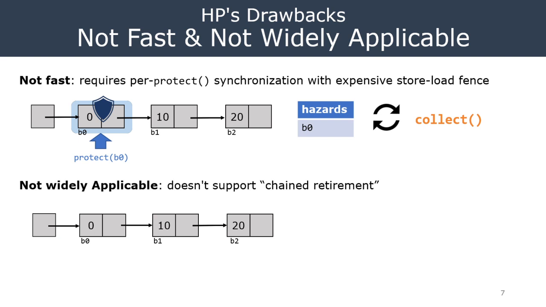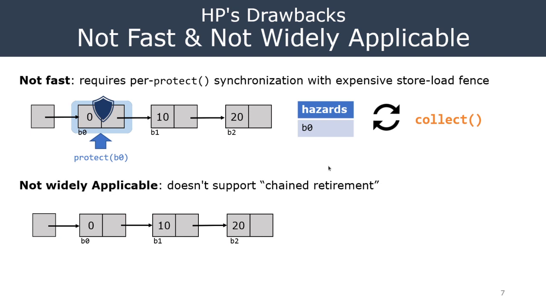The fence is used in order to synchronize with the collect function. So recall that the collect function needs to read the set of protected pointers in order to make sure that the pointers it will free right after are actually not protected by any threads.